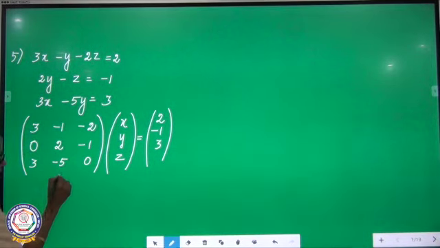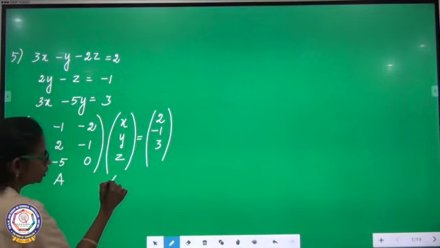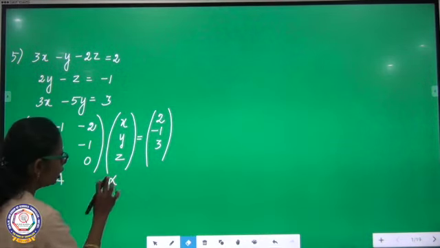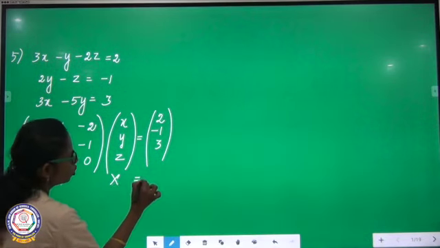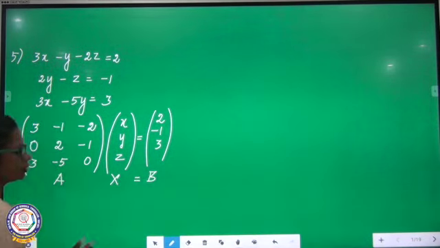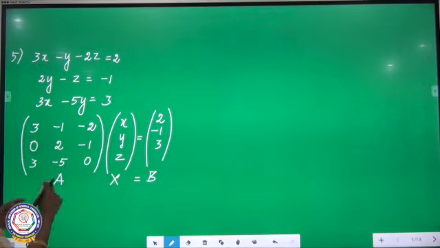This one you consider as A. The x, y, z you consider as capital X. The constants you consider as capital B. The same thing I said in the fourth sum. Now, immediately what do you want to find?